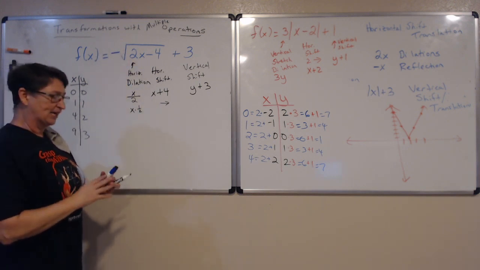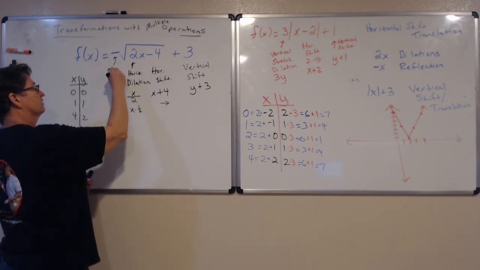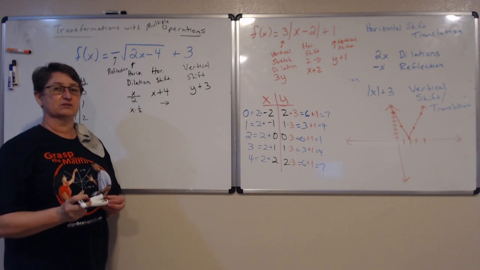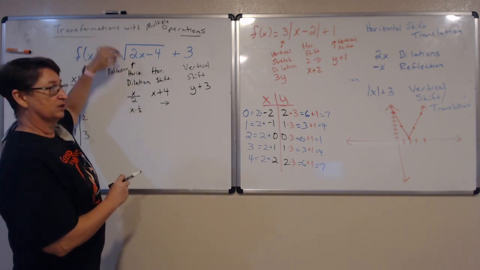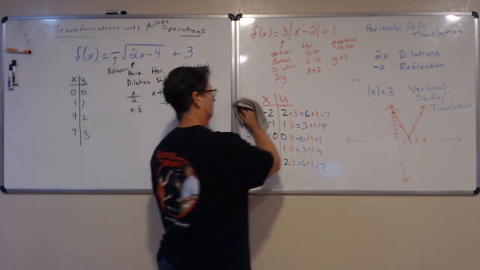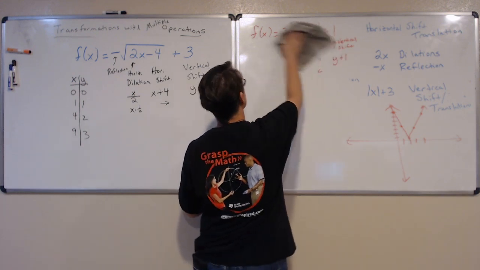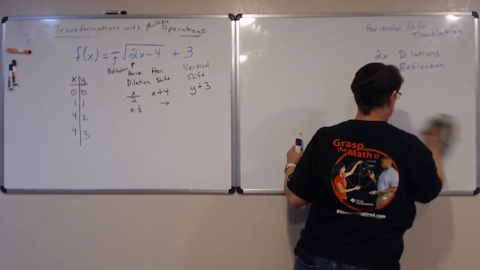And that's a reflection. Which way are we going to reflect? Is that going to be a horizontal or a vertical reflection? Which way? And why? How do you know? What's happening to make it reflect?